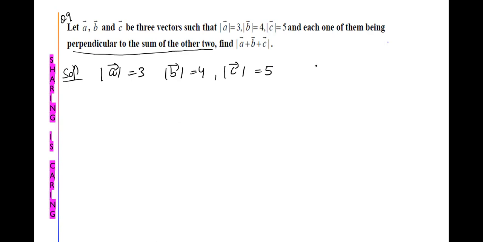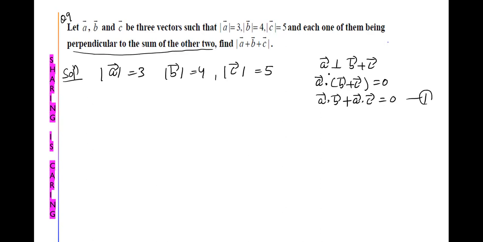And each one of them is perpendicular to the sum of the other two. It means A is perpendicular to B plus C, so A dot (B plus C) equals 0. So A dot B plus A dot C equals 0. Similarly, B vector is perpendicular to C plus A, so the dot product of these two is 0.